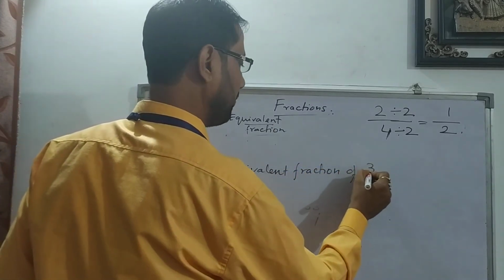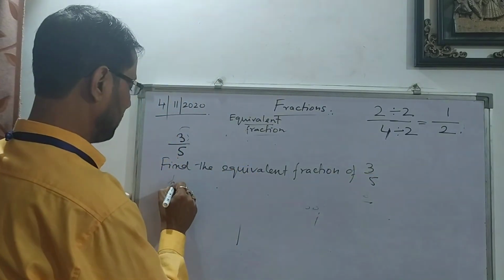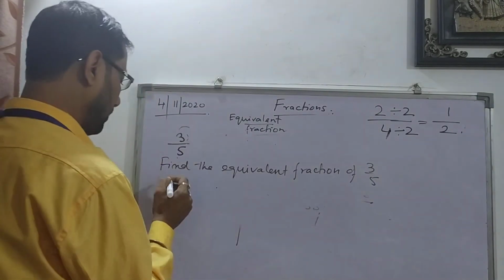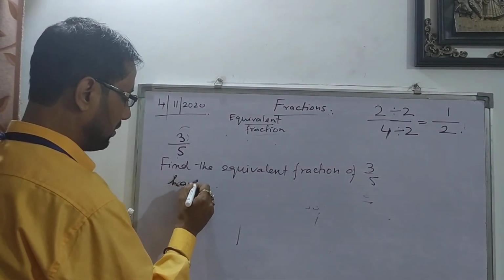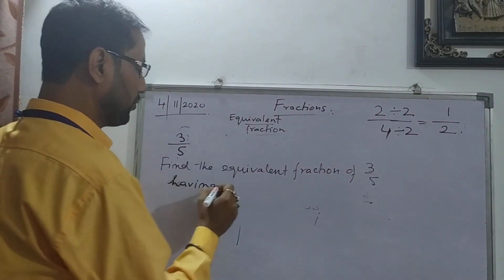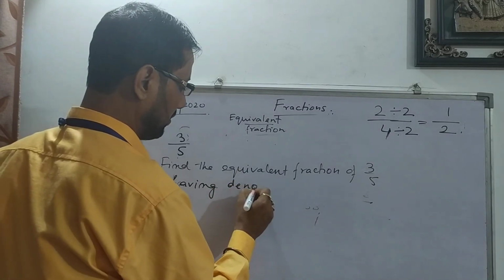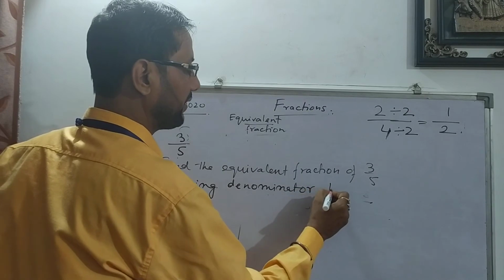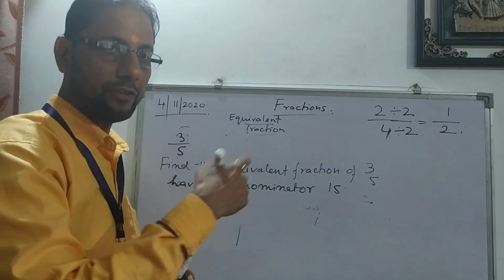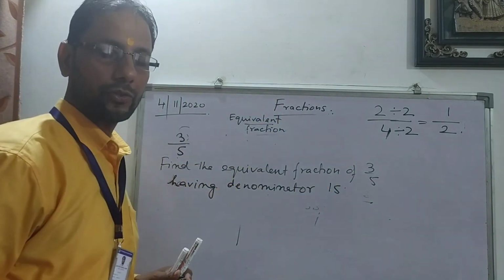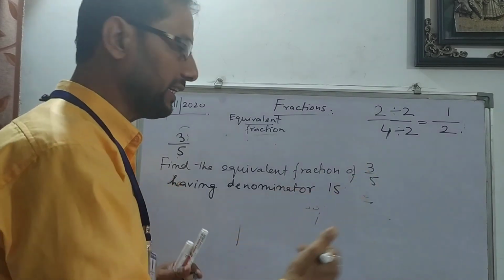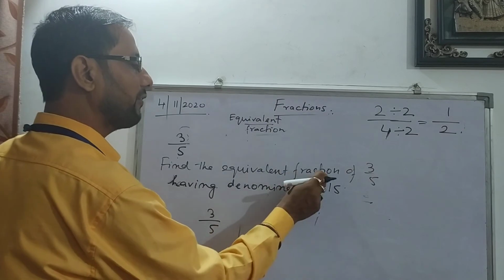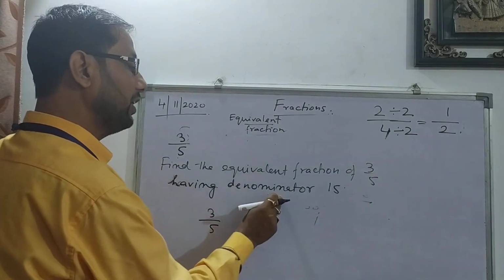Find the equivalent fraction of 3 by 5 having denominator 15.